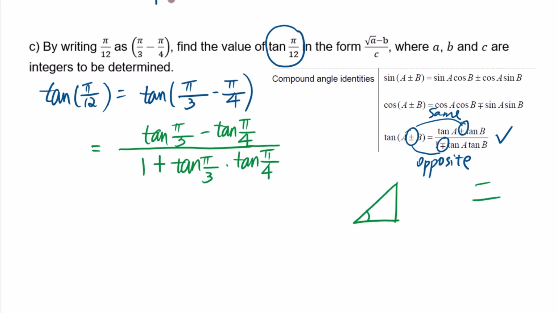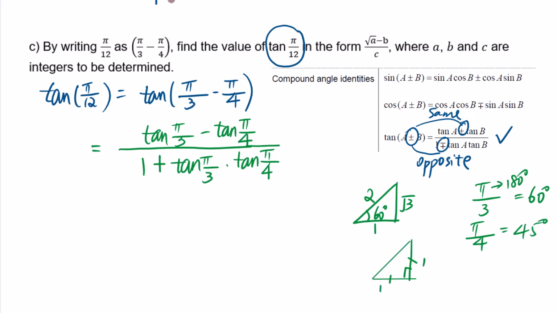Pi over 3: we change pi into 180 degrees, so this is 60 degrees, with sides 1, square root of 3, 2. For pi over 4, it's 45 degrees, with sides 1, 1, square root of 2.